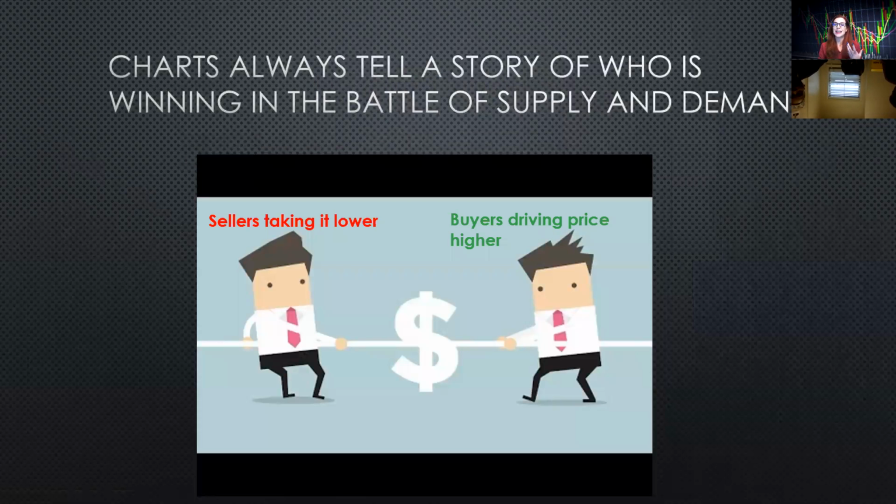All right, so the charts are always going to tell the story of who is winning, right? There are the sellers that are trying to sell it and take it lower. And then you have the buyers that are trying to drive the price up with buying price action, right?